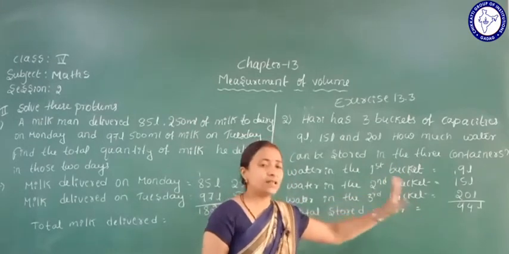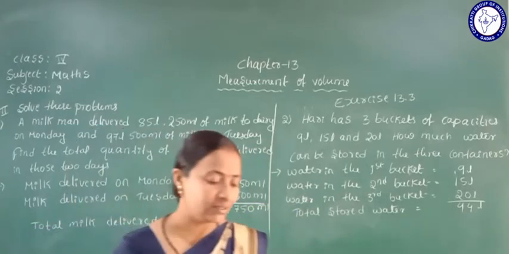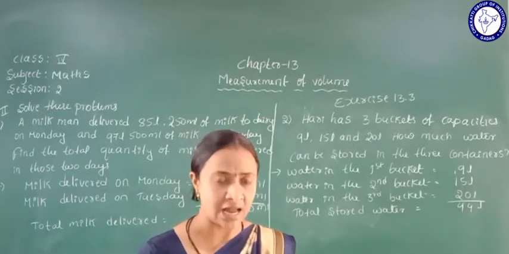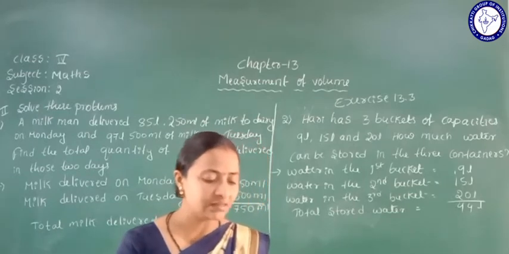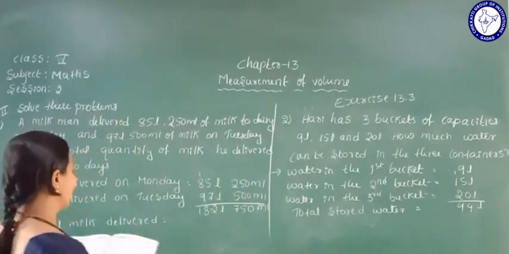So we add these. Students, the remaining 2 are given here, so you will solve them yourselves. Remaining 3 are there. Okay, next we are going to study subtraction of measurement of volume.